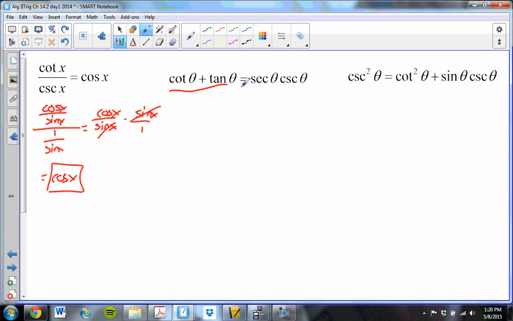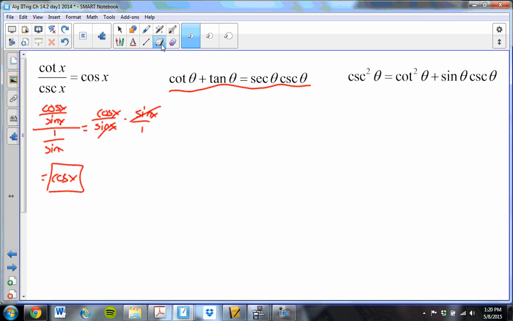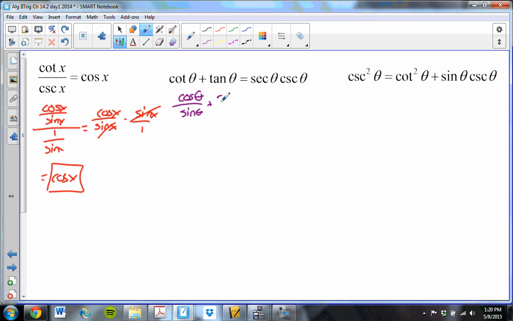Now this problem here is going to relate pretty closely to this problem here. Cotangent is, I'm just going to make this cosine over sine and see what happens. I'll get a common denominator. I'm pretty sure this will work out okay.